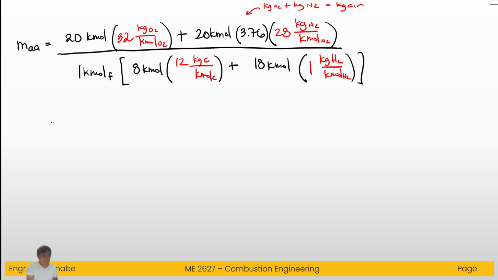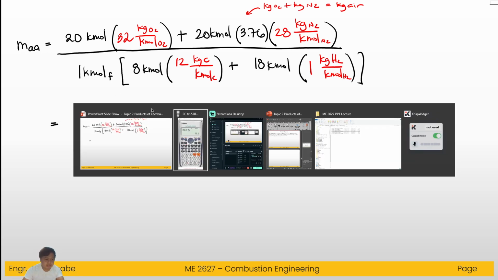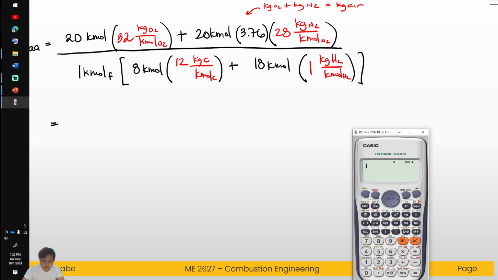So as you can see, you can solve this. Let me just try this one. So you have 20 times 32 plus 20 times 3.76 times 28. Then you have 8, so I'll just omit the 1, 8 times 12 plus 18.